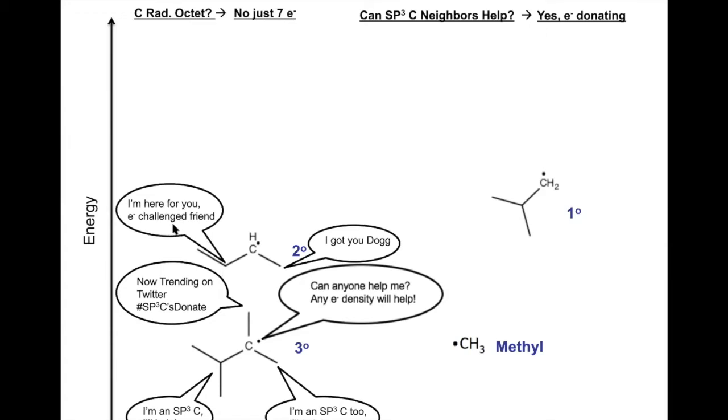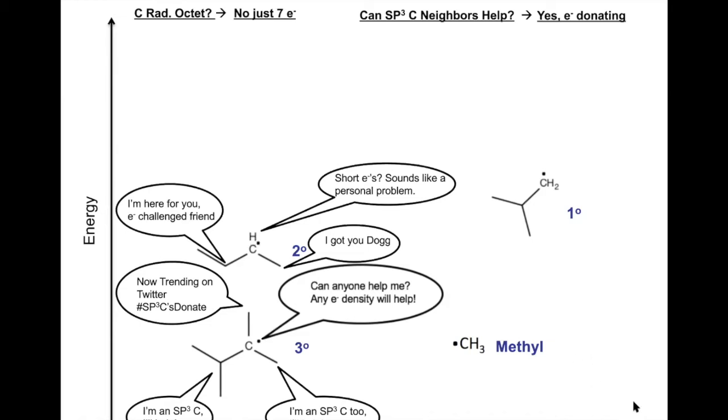And I'm here for you, electron challenged friend. It'll help out, right? But now the hydrogen, I said it's more electronegative than sp3 carbons. So relative to those sp3 carbons, it's not donating electrons. So we can think of it as not donating, not withdrawing. It's the reference. Short on electrons sounds like a personal problem. So the hydrogen is not helping out here.